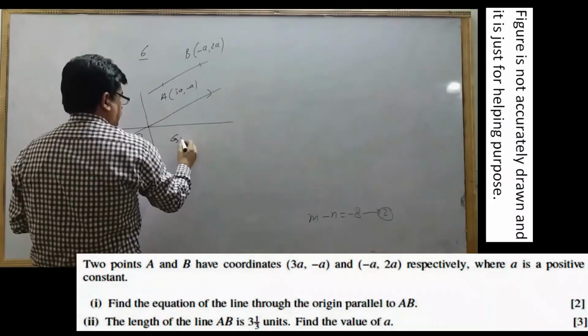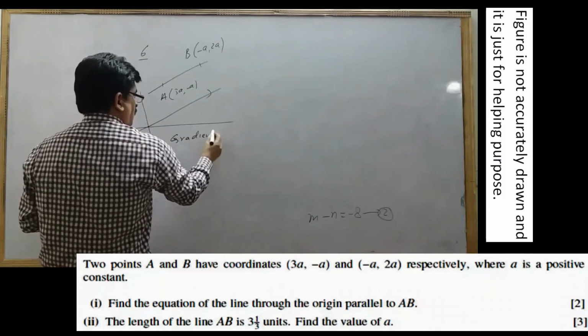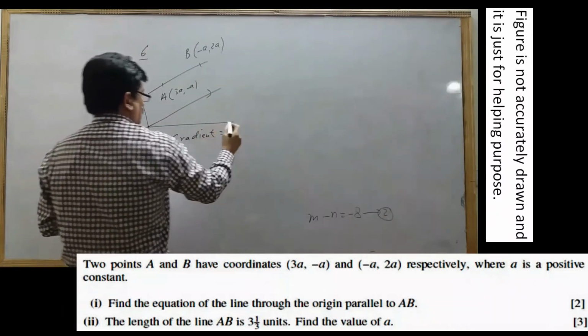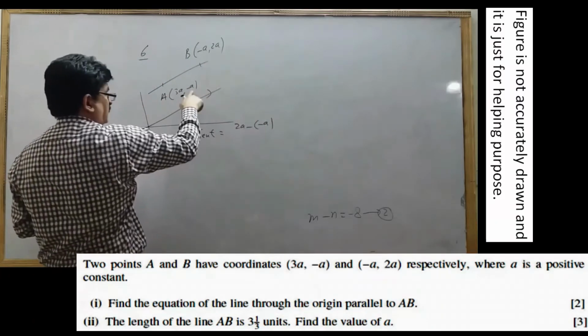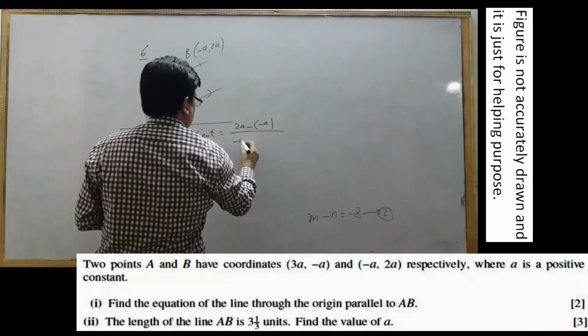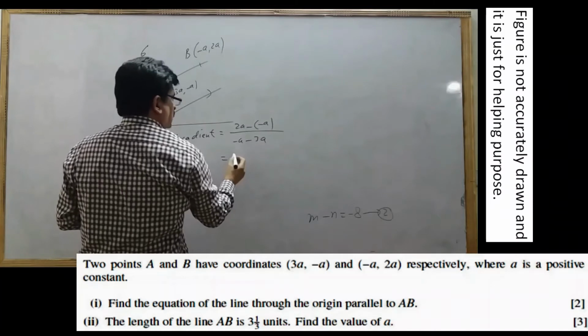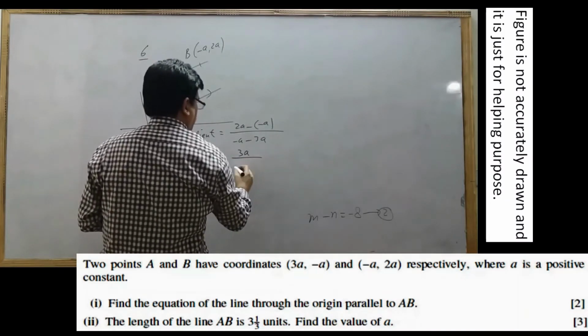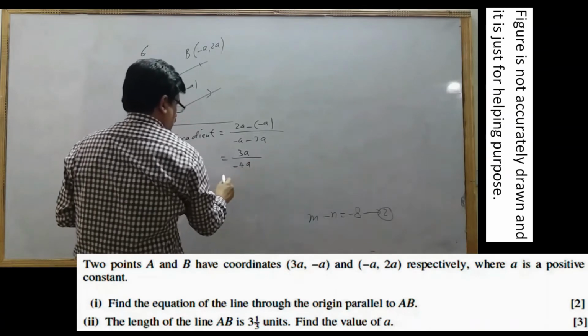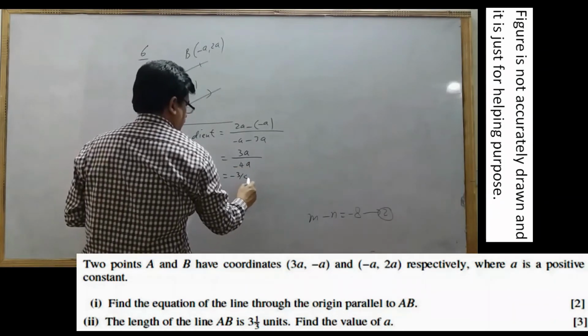Now gradient is equal to y2 minus y1 over x2 minus x1. Now this is 3a divided by minus 4a. So this will be equal to minus 3 by 4.